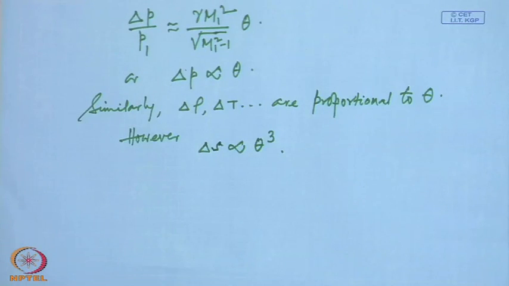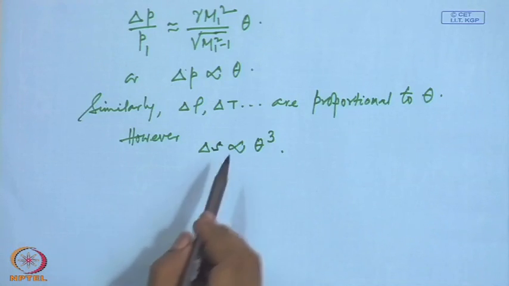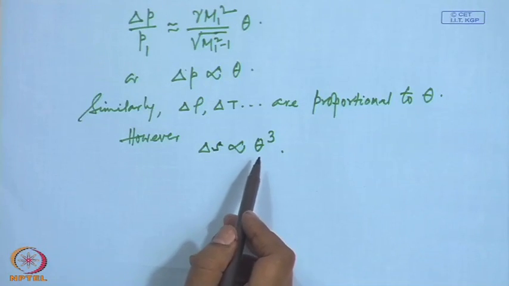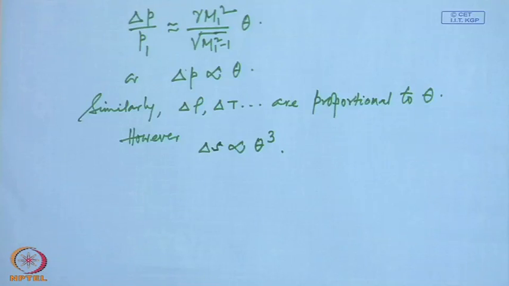And we can see that when the flow turning is very small, then the change in entropy is almost negligibly small.